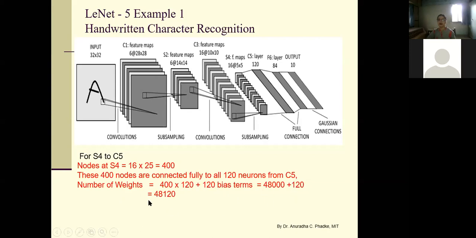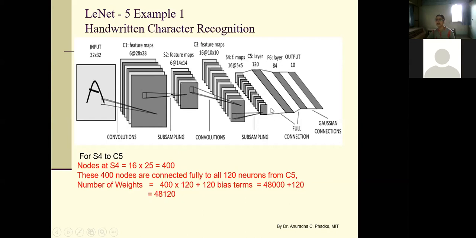So in total there are 48120 trainable weights between S4 and C5. Because of the flattening operation, this 16 into 5 into 5 output results in 400 nodes arranged in one dimension, and those 400 nodes are connected to 120 nodes.